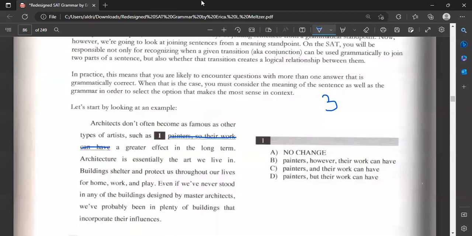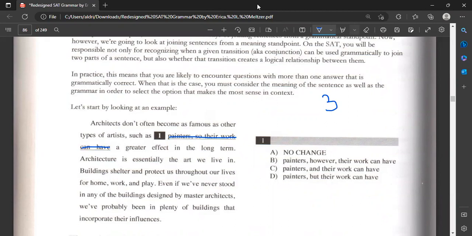You can repeat, please. All right. So my question is, if you see what's coming before what I've crossed out, it says architects don't often become as famous as other types of artists, right? We have that statement, and then we have another statement that says their work can have greater effect.